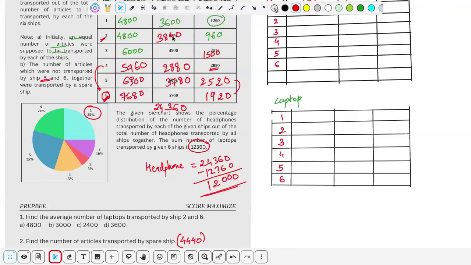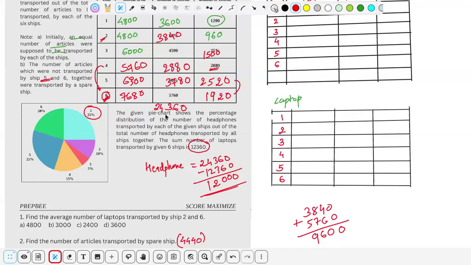You can see इनका सम कितना है, that is 3840 for the second ship plus for the sixth ship, total value is 5760. Simply add these values, so I will get 9600.